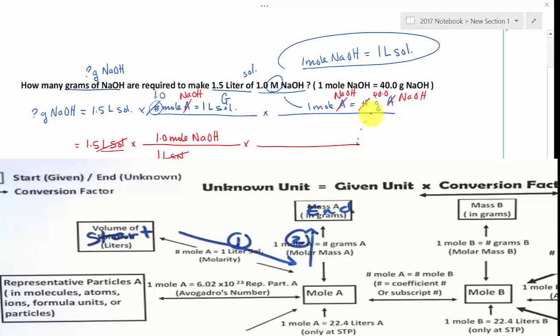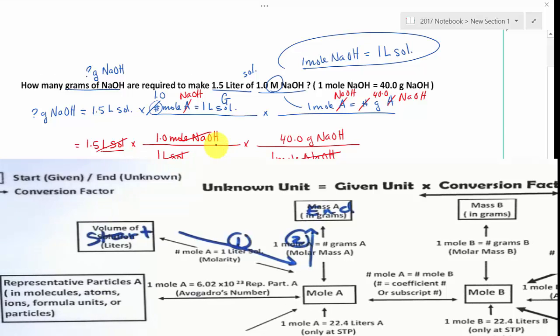Times our next conversion factor, which is this one right here. This mole of NaOH down here has to be the same, which is 1 mole of NaOH. What's on the top part would be 40.0 grams of NaOH. And there you go. Isn't that easy? And moles of NaOH cancel each other out. And what do we have in the end? Multiply everything on top. So 1.5 times 40.0 grams of NaOH divided by 1.